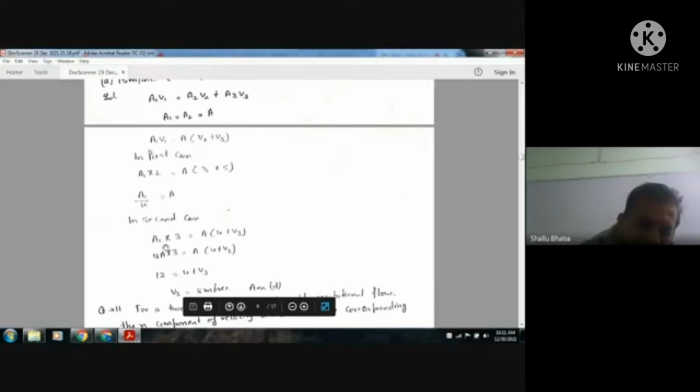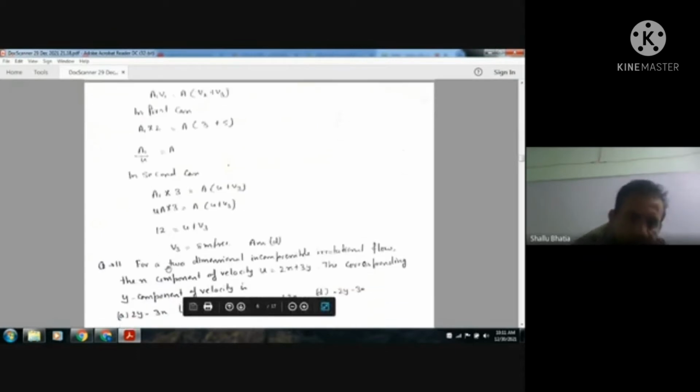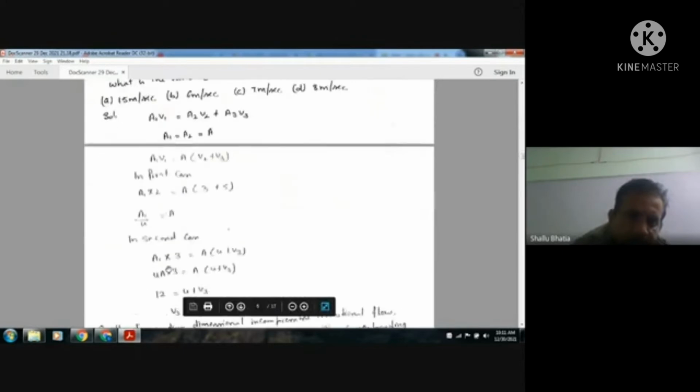Again applying the continuity equation, A1 V1 equals A2 V2 plus A3 V3, where A2 and A3 are A, V2 is 4, V3 is unknown, V1 is 3, and A1 is equal to 4A. So putting these values we can get V3, that is 8 meter per second. So option B is the right answer.